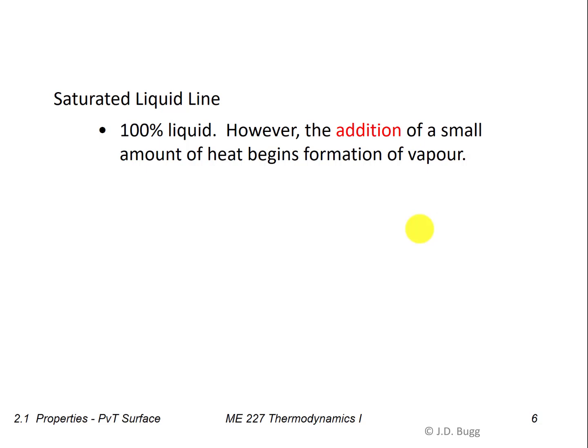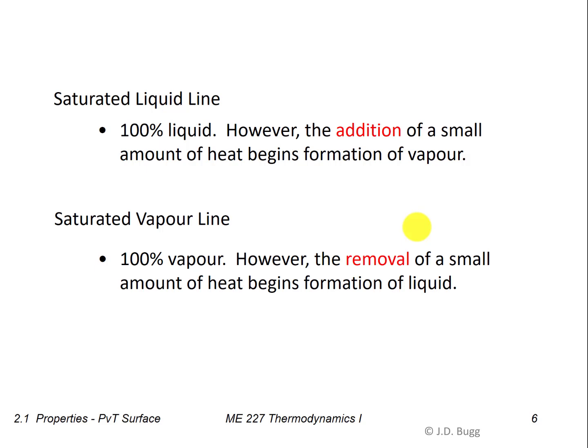So that means on the saturated liquid line, we're just on the verge of vapor starting to appear. The saturated vapor line is 100% vapor. However, if we remove a tiny little bit of heat, liquid will start to form.